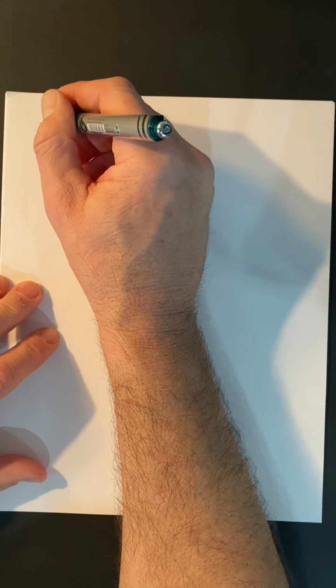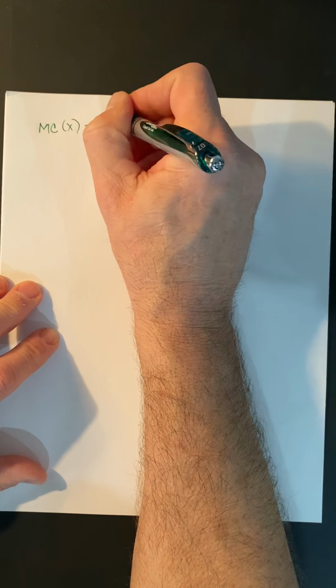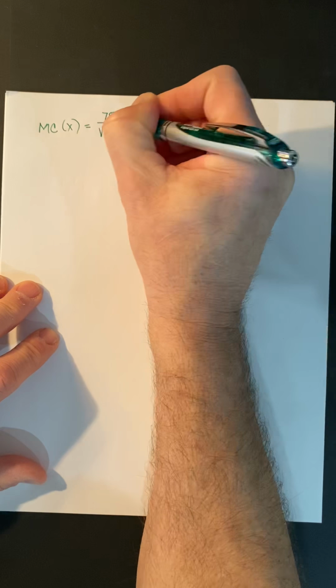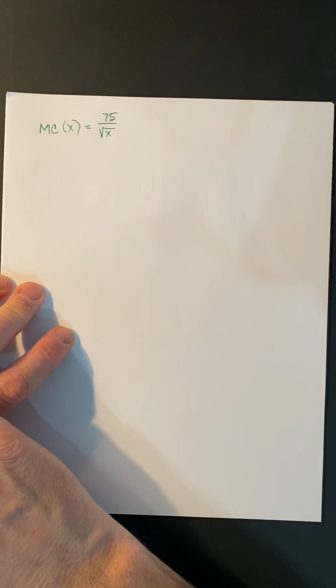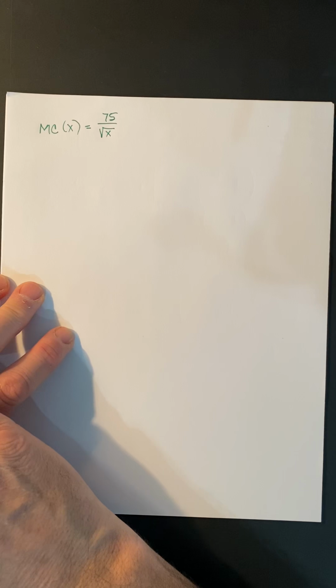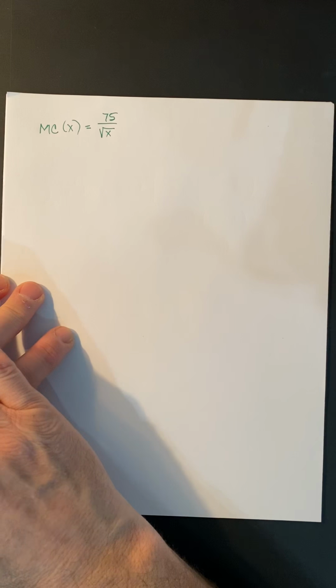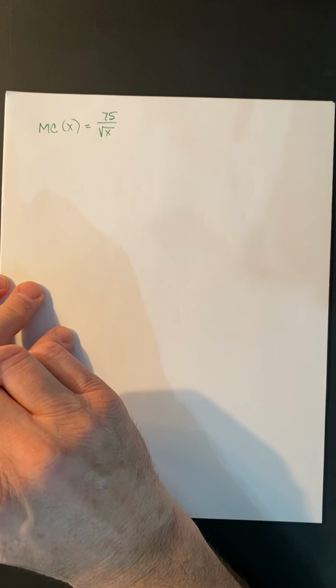So the marginal cost function is equal to 75 over radical x, okay? So x is my number of units, and we're interested in finding the total cost of producing the units that are made from units 100 to 400, okay?